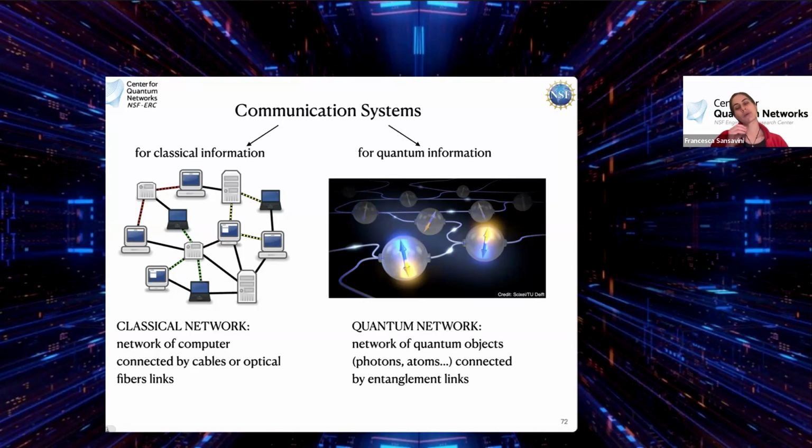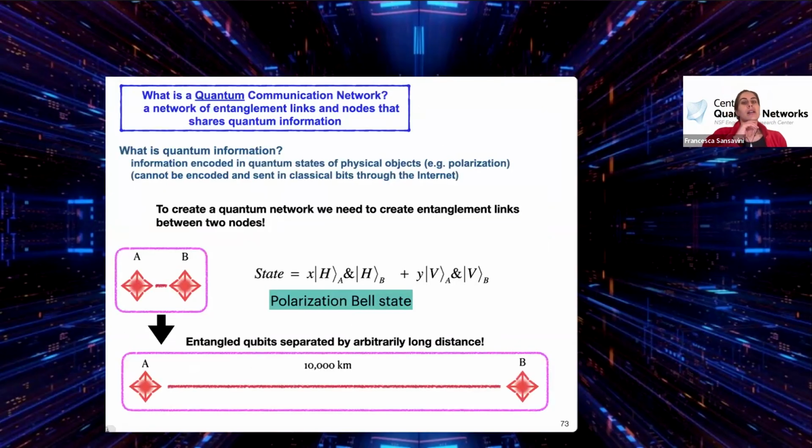So quantum networks will be networks of quantum objects, which are photons, ions, atoms. And these quantum objects are going to be connected by entanglement links.